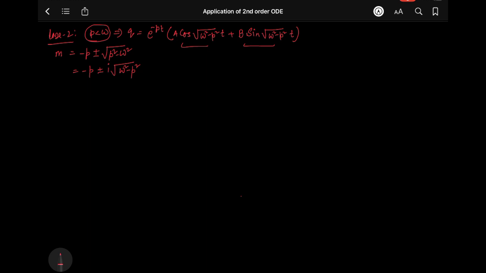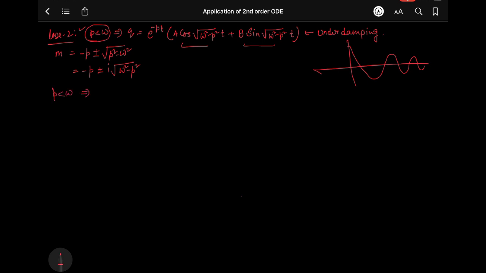If you try to draw the graph of this, it starts from here and the graph would be like this, gradually decreasing. So this is the case for under damping, and you got this case because of the condition P less than omega.